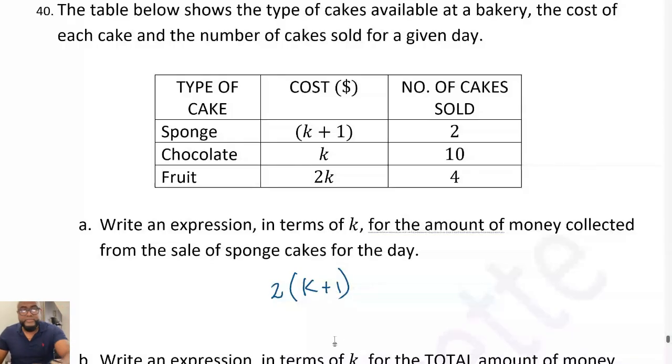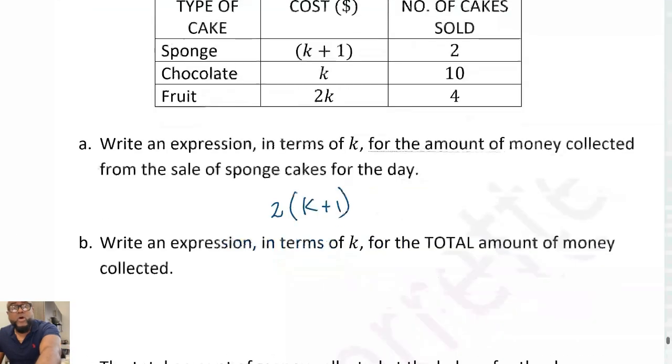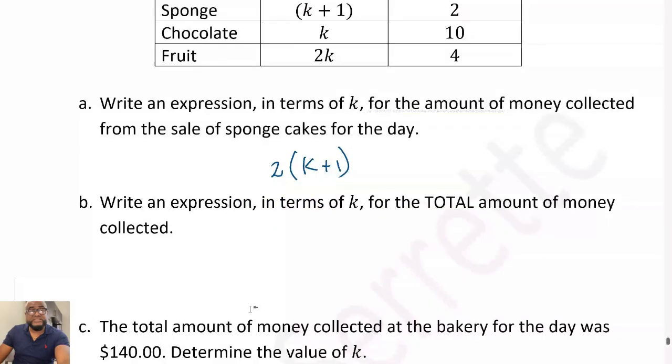We go in. Write an expression in terms of k for the total amount of money collected in all, right? So let me start with sponge cake. That's the amount of money collected for sponge cake. When I talk about total, what I have to do? Add, right? Total. Let me go to fruit cake. How much money was collected for the sale of those 10 chocolate cakes?